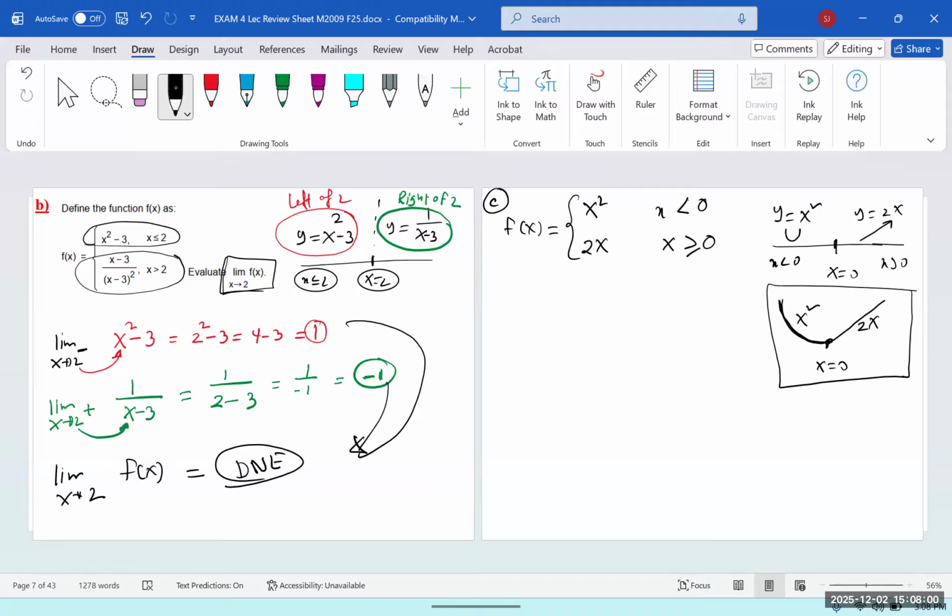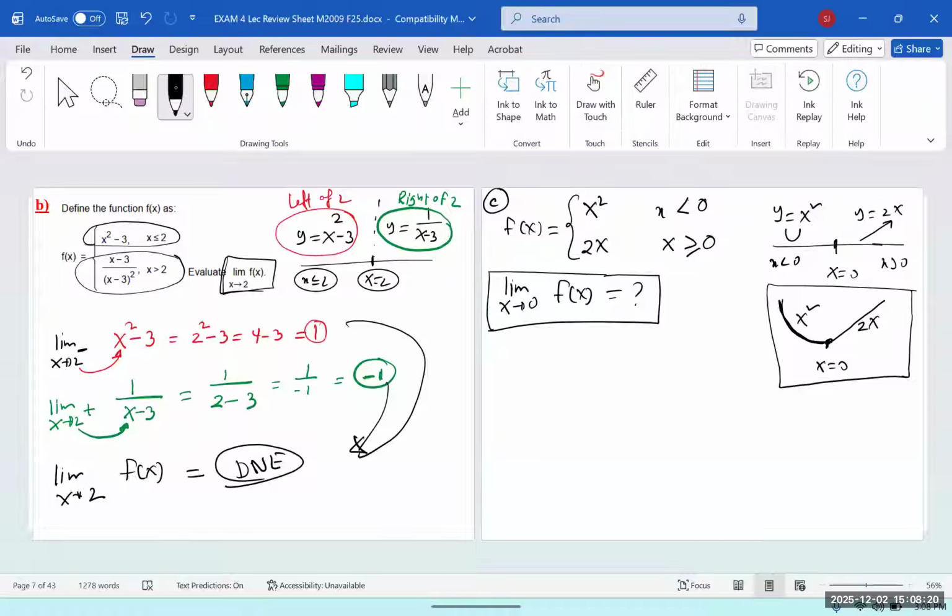Now they're asking, hey, find the limit when x is 0 of this piecewise function. What's the limit? Limit means y value. What's the y value when you go x equals 0?